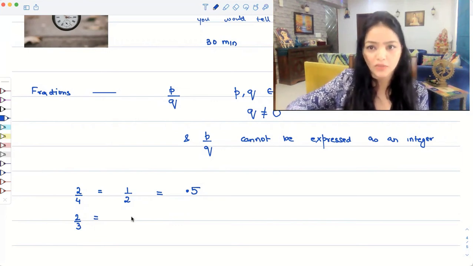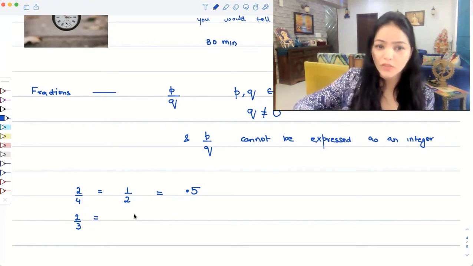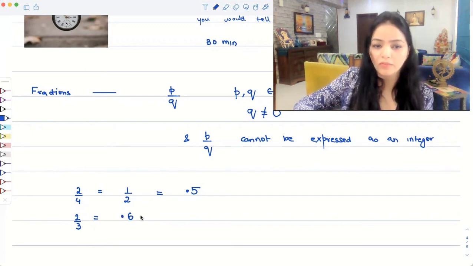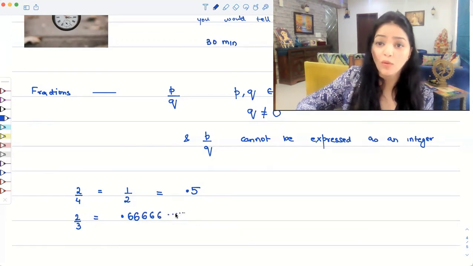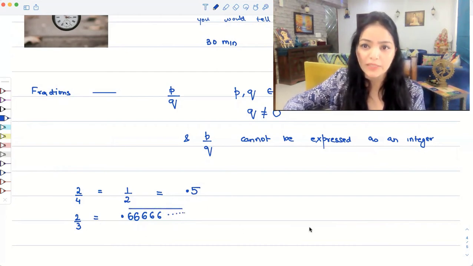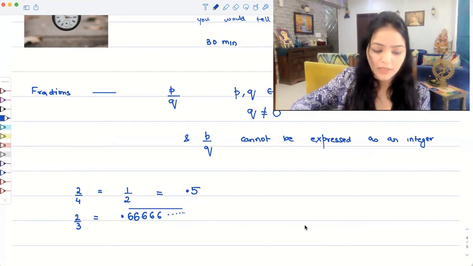So this is a rational number. What kind of a rational number is it? If you write it in the decimal form, you are dividing 2 by 3, you will get 0.66666, so on and on and on. It's a never-ending sequence of 6 that you will get after this decimal point.